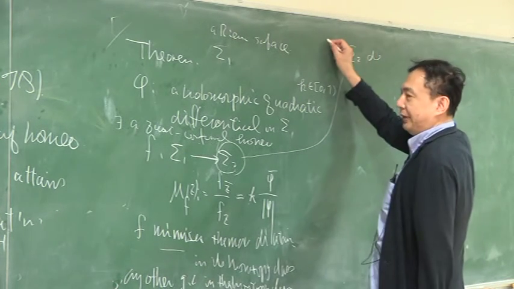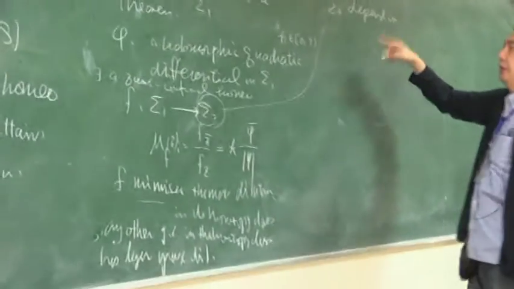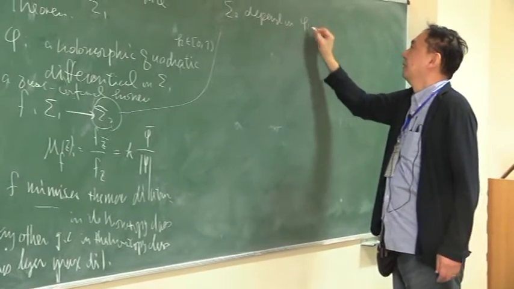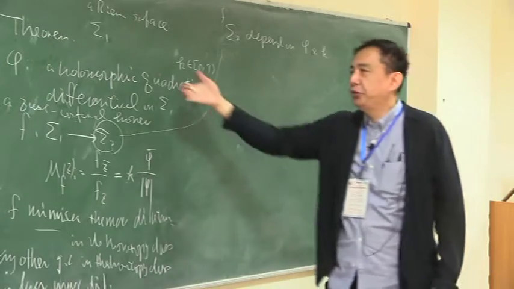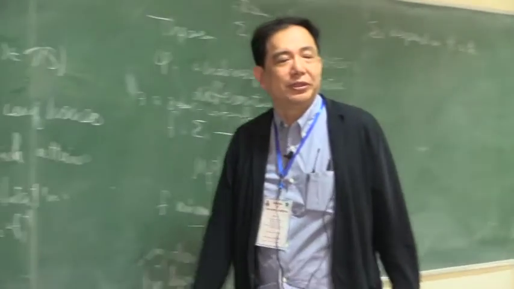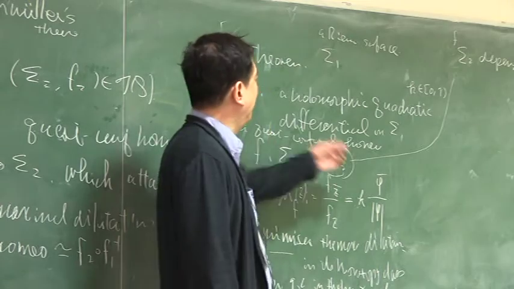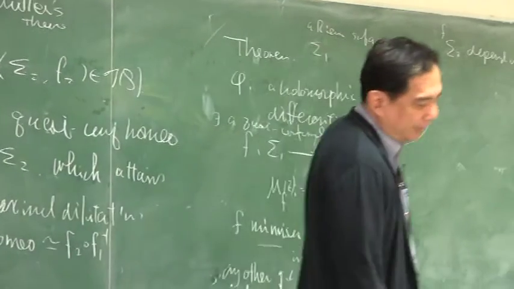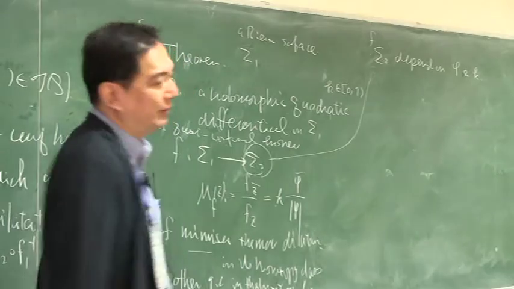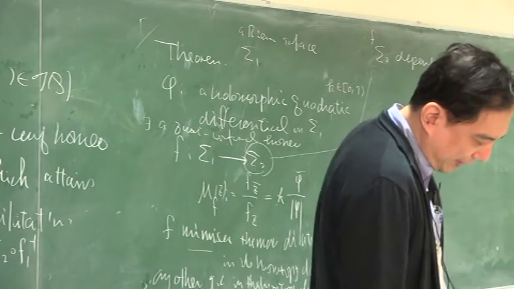Let me just tell you that this sigma 2 and also the map F depend on a given phi and k. So if you choose another holomorphic quadratic differential, then this Riemann surface or this map may change, of course. Actually, there's some kind of injectivity, as I will show you now.